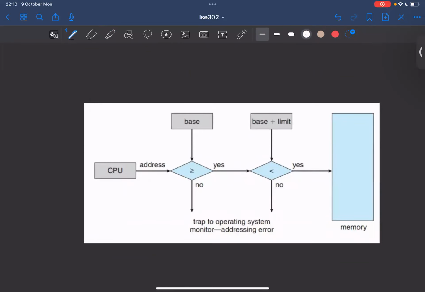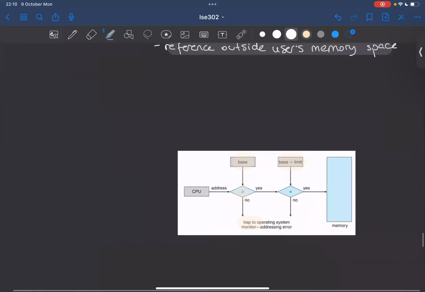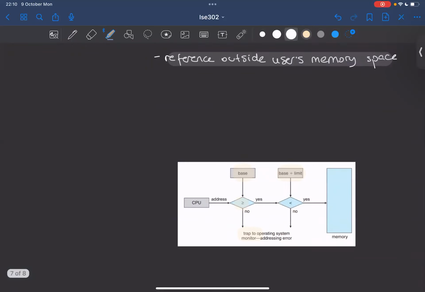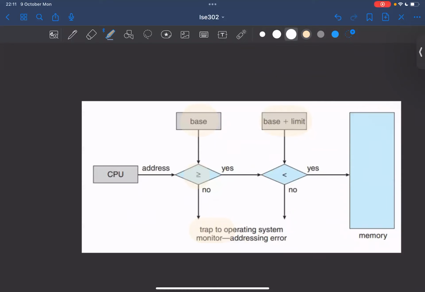So in the case of CPU wants to access a location that is not bigger than a base register, or that is not in between the base register and limit register, okay, a trap occurs, and it says that you are trying to access a memory space that you are not allowed to, okay? So it says addressing error.